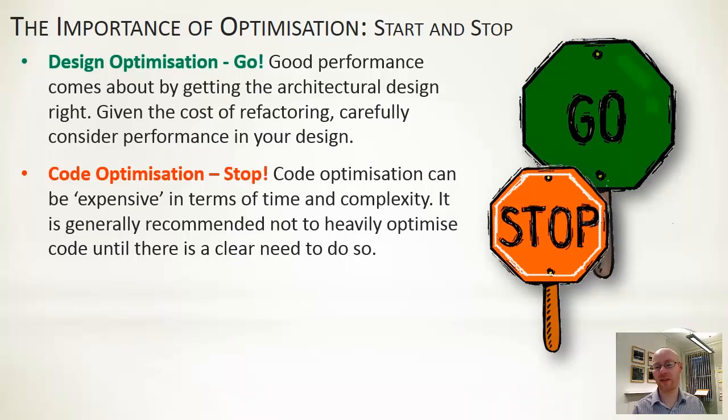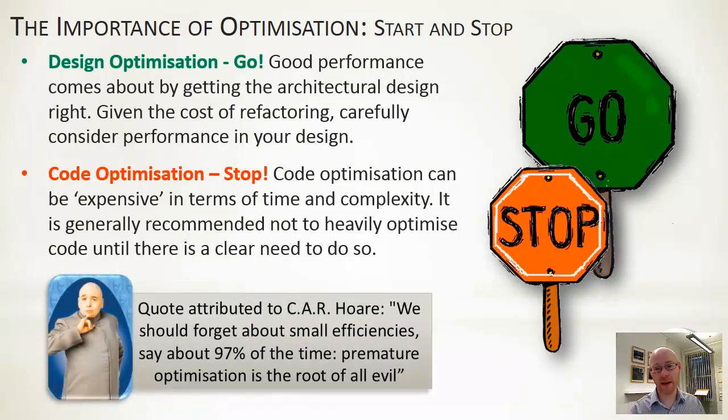So the general advice is don't optimize code in earnest until there's a real need for that to happen. And there's a quote here by Professor Tony Hoare: we should forget about small efficiencies, say about 97% of the time. Premature optimization is the root of all evil. So only put it in when it's really needed.